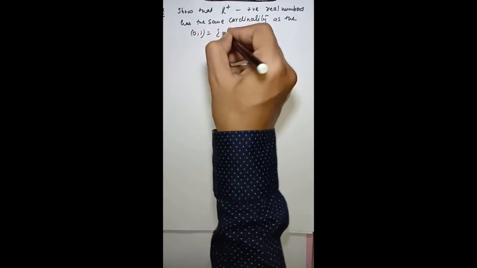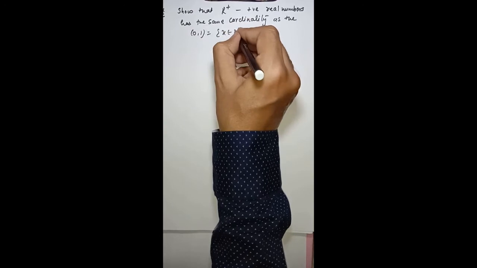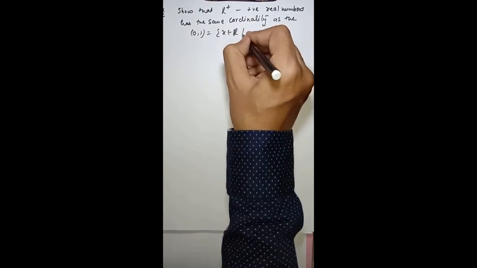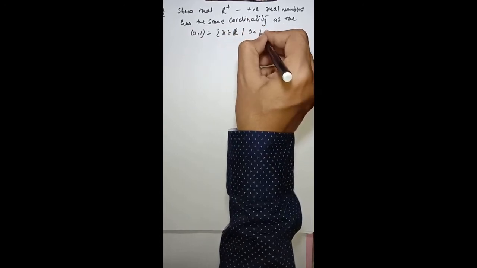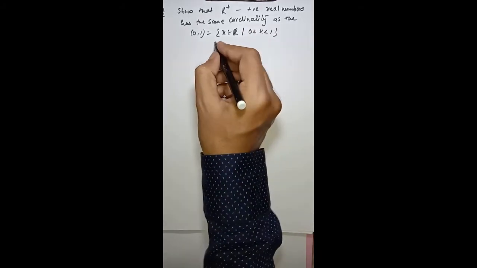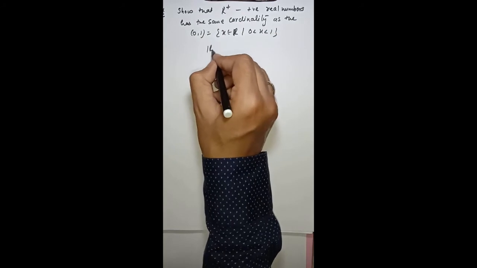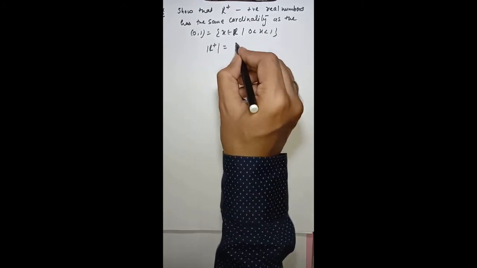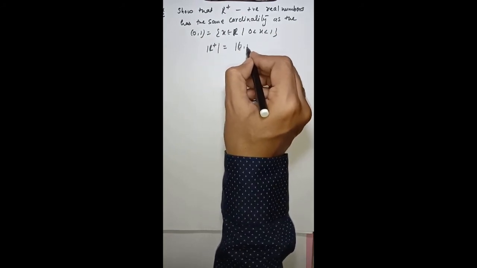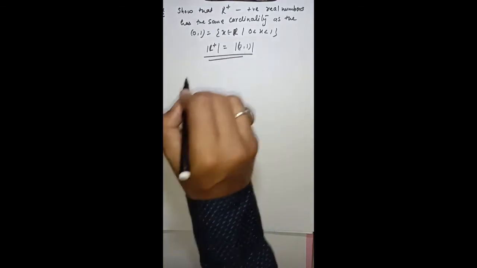That is, the set of x belonging to R such that x lies between 0 and 1. Now we have to prove the cardinality of R+, the positive real numbers, is equal to the cardinality of this open interval.